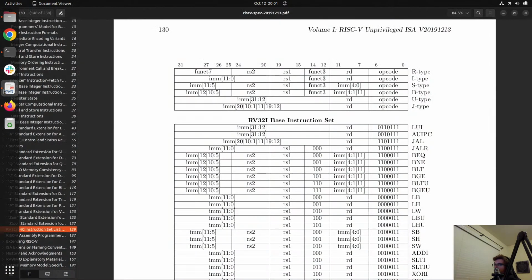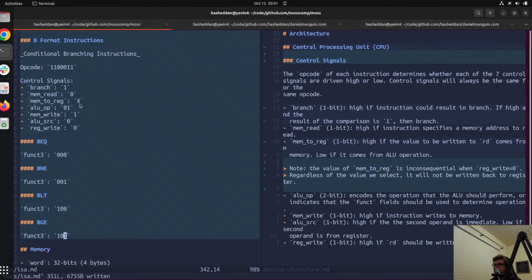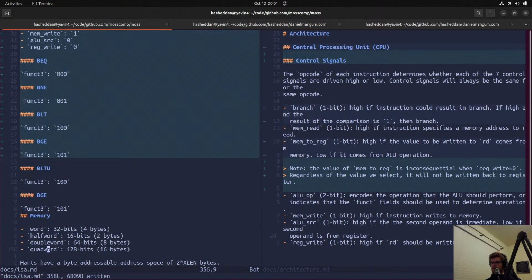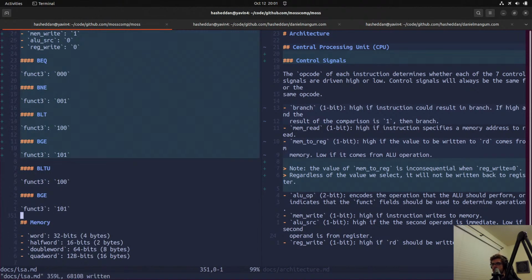All right, and then to round out, we have BLTU, BGEU. So we just take these two. BLTU, BGEU.